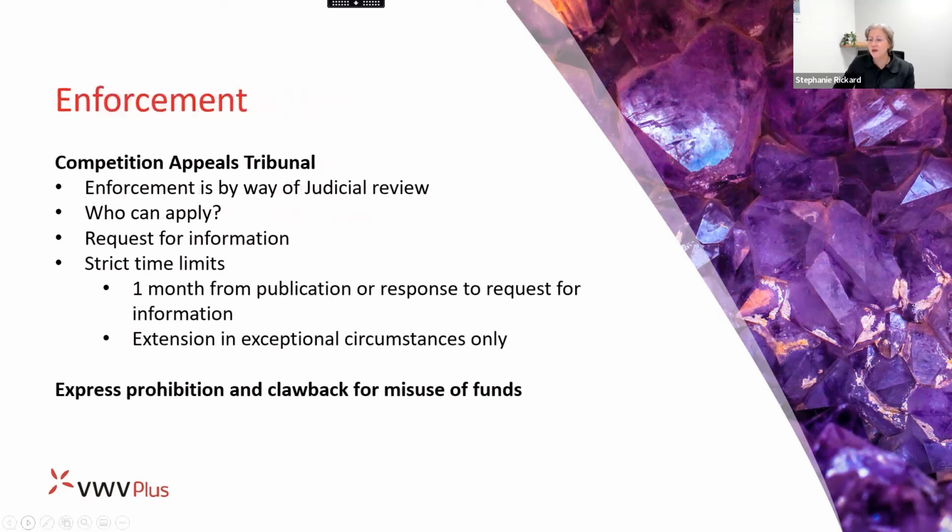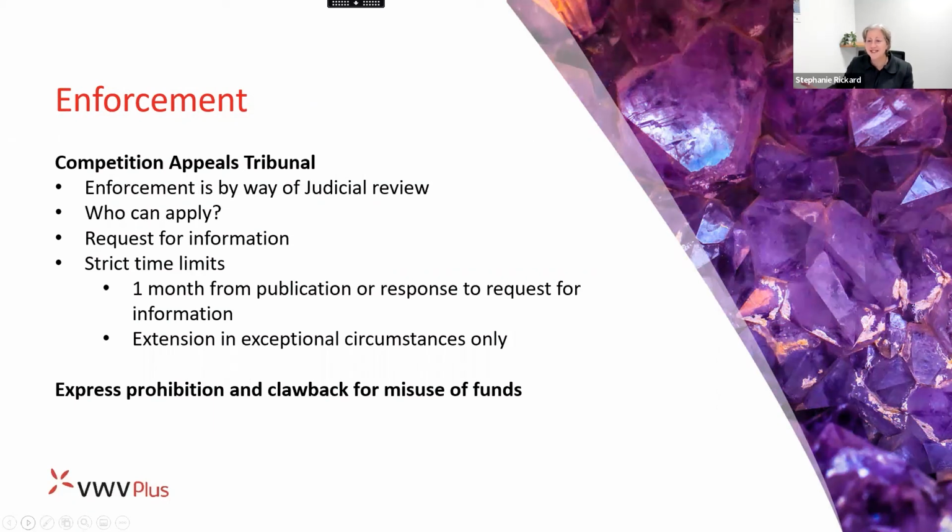Enforcement is by way of judicial review through the Competition Appeals Tribunal. The time limits for applying for judicial review are very tight, so that's 1 month from publication on the transparency database or following a response to a request for information.